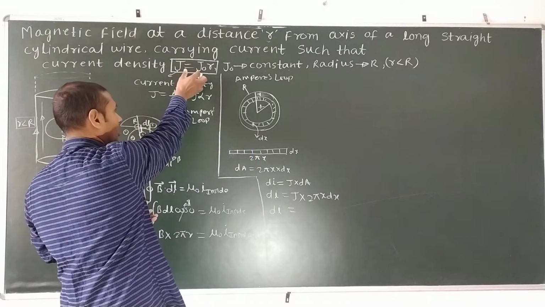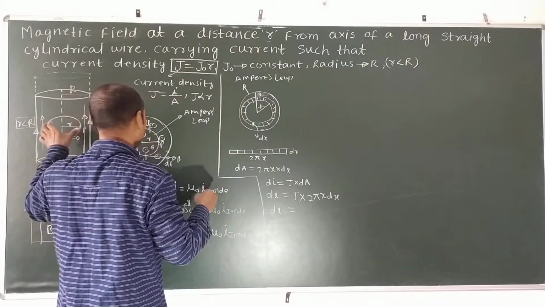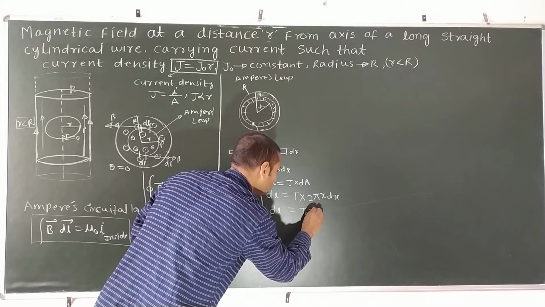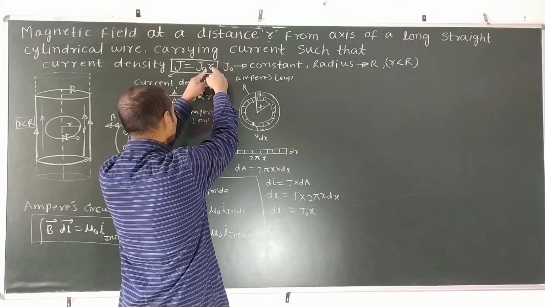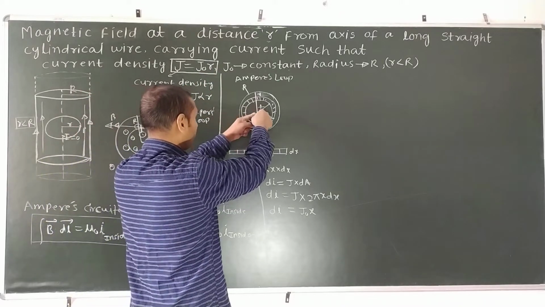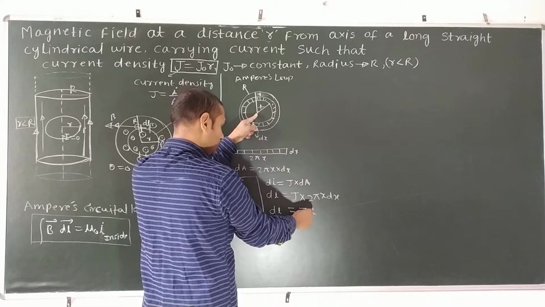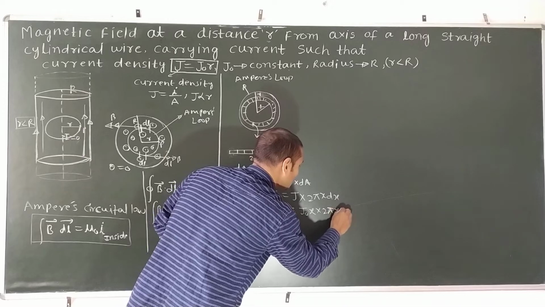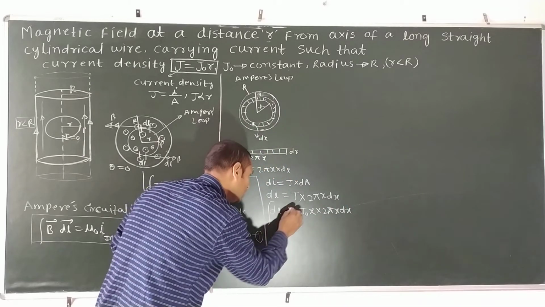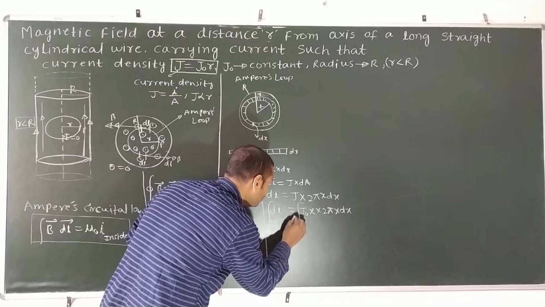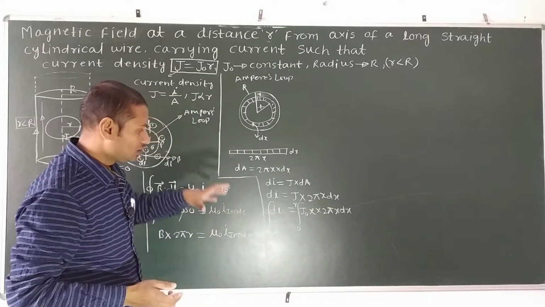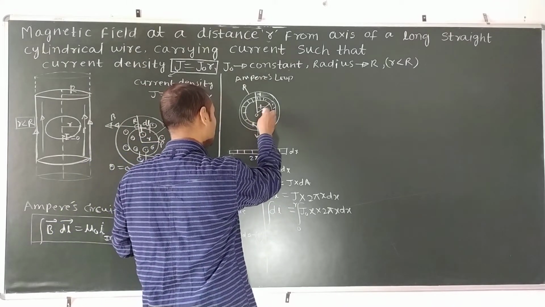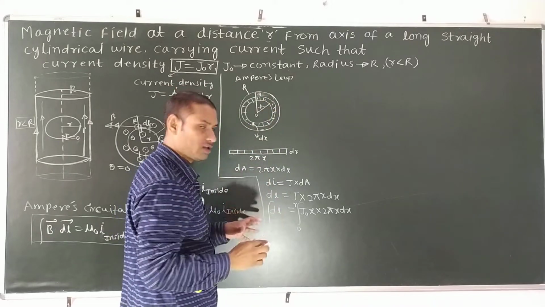The current density given for this wire is J naught into r at a distance r, so at a distance x it is J naught into x, and 2 pi x dx. We integrate this from 0 to r, that is from radius 0 to r, to find the magnitude of I.